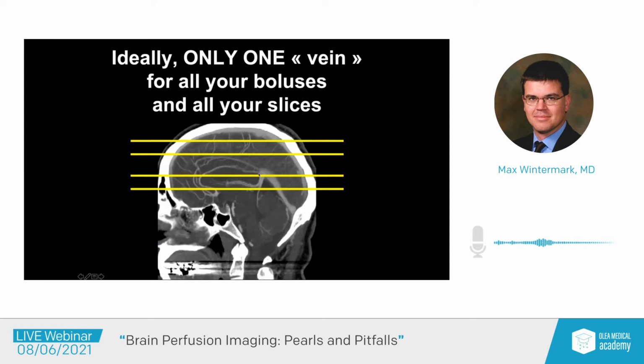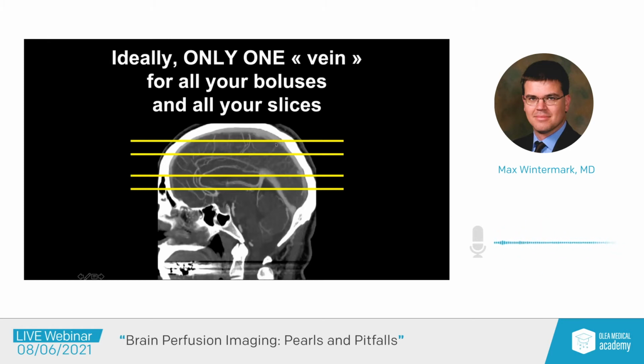If you look at this sagittal scan, you can see that there are some slices that are obtained in the lower portion of the brain, and you have some slices that are obtained in the higher portion of the brain. Well, in the lower portion of the brain, the superior sagittal sinus is perpendicular to the slices, and as a result, there is not a lot of partial volume averaging effect, and so you can get the maximal area under the curve. It's going to work great.